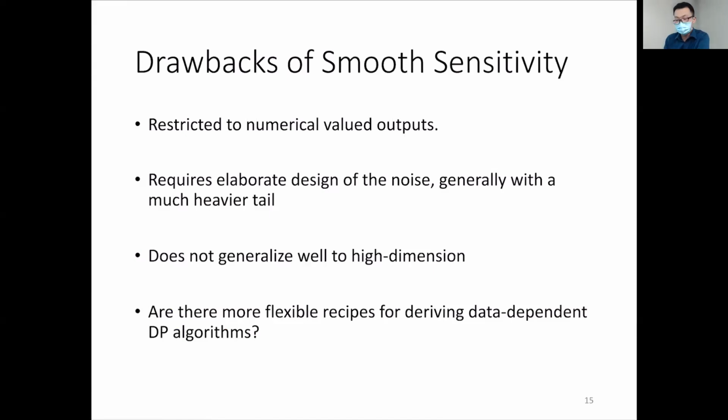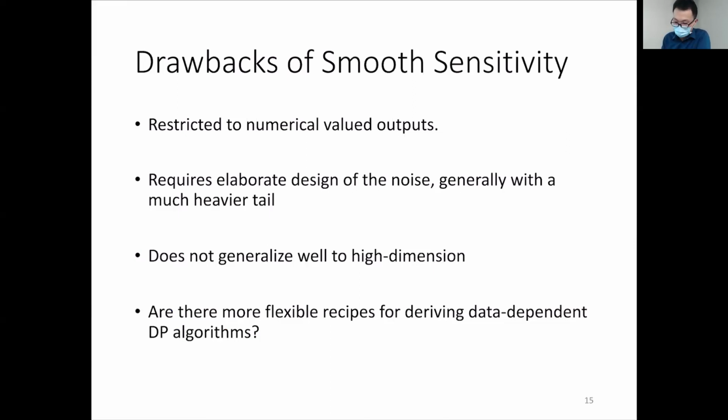When the dimensionality is like 10 or 20, the benefit from leveraging local and smooth sensitivity becomes more or less negligible. The key intuition is that in high dimensional space, everything that seems far apart is actually also very close to each other, and you do not really get much of a benefit with that e to the power of minus beta.